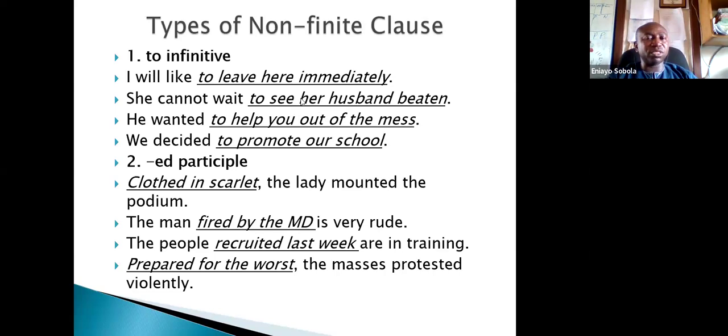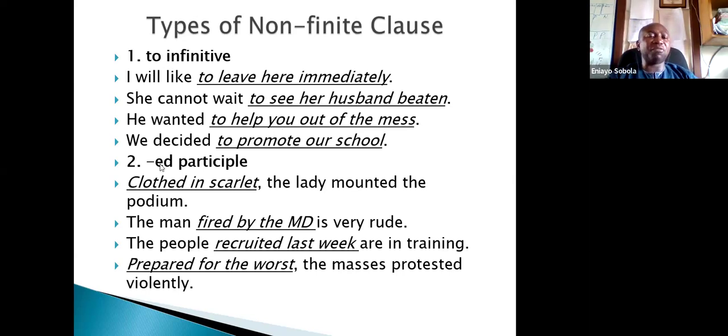She cannot wait to see her husband beaten. To see her husband beaten is a non-finite clause. You realize that there is no subject in them, which is the nature of non-finite clause. He wanted to help you out of the mess. To help you out is another example there.